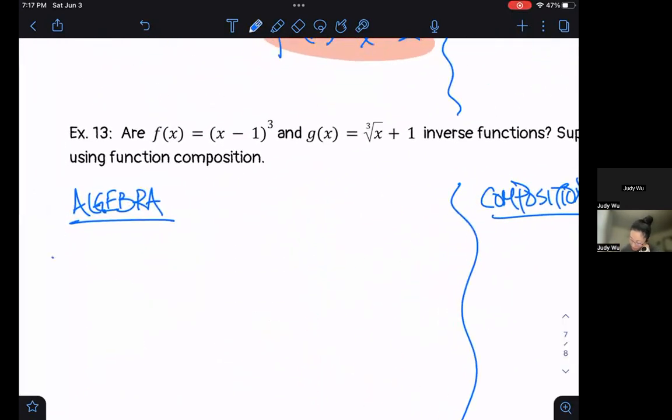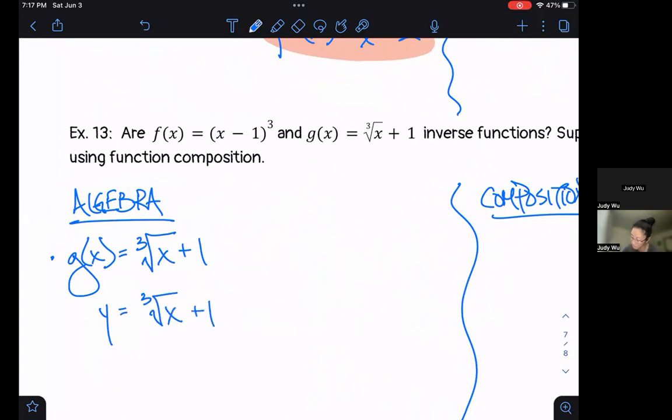So for g of x equals the cube root of x plus 1, we would want to say that this is y equals the cube root of x plus 1. And we're going to go ahead and switch our x's and y's. X equals the cube root of y plus 1.